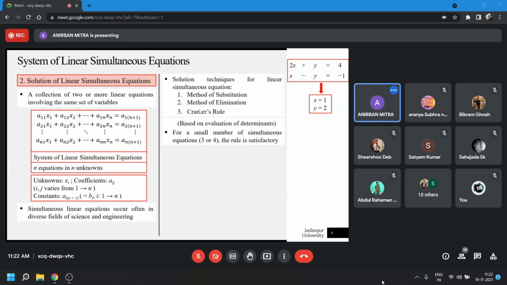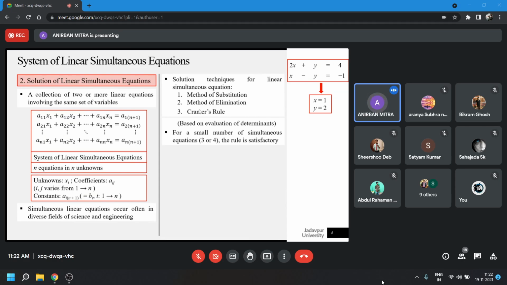the solution. And that is okay for a small number of simultaneous equations, maybe 3 or 4, and it works quite satisfactorily. But if the number of equations increases beyond that, it becomes 6, 7, or even 10, then the number of arithmetic operations involved in such cases would be quite huge.